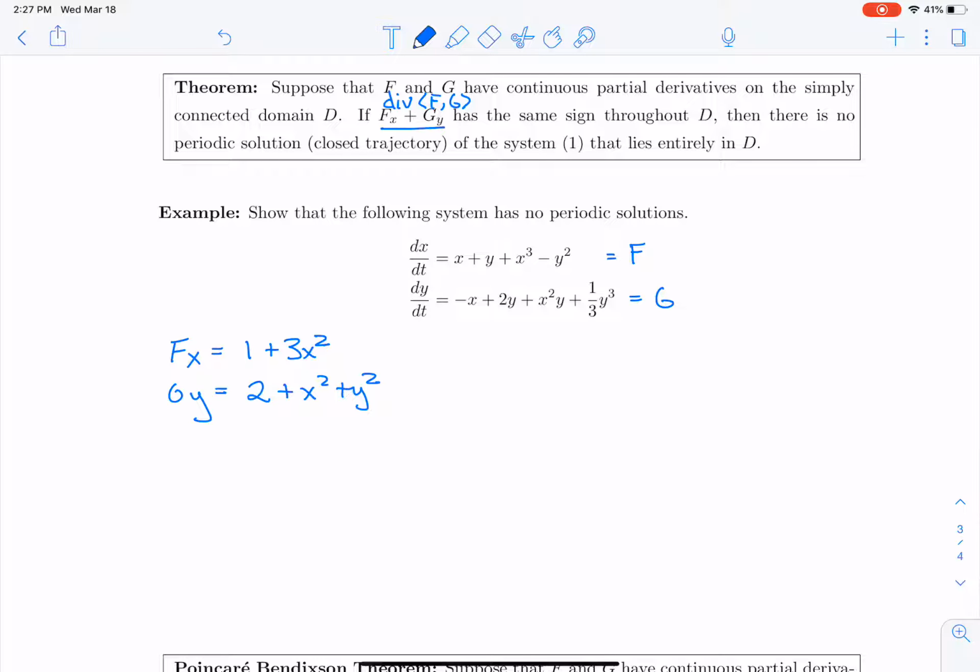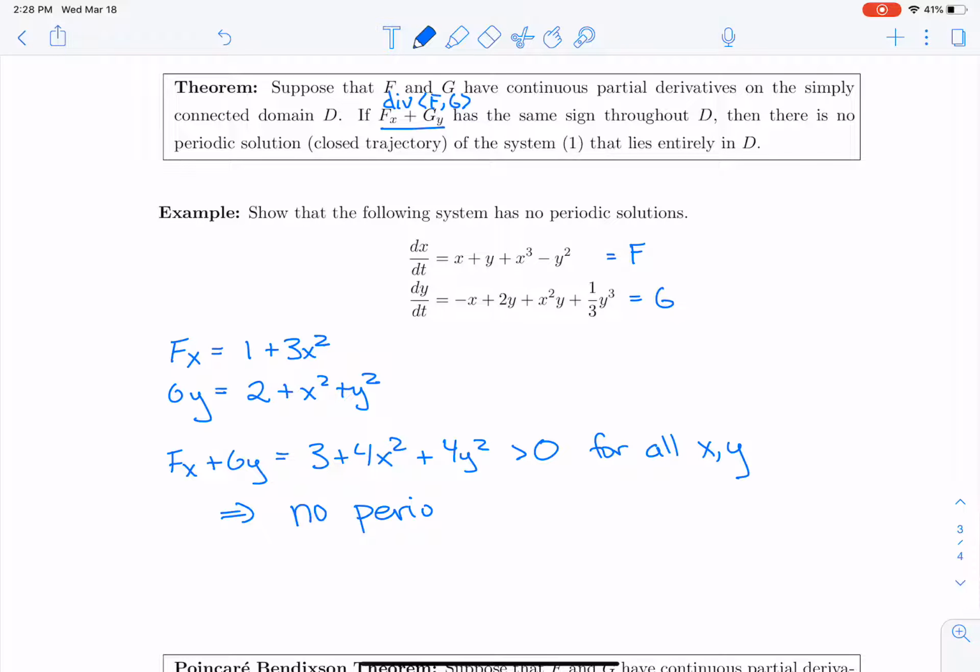And when we add those two together, we're going to get 3 plus 4x squared plus 4y squared, and that is always positive. Does not matter what x and y we plug in. Since that does not change sign, this system has no periodic solution.